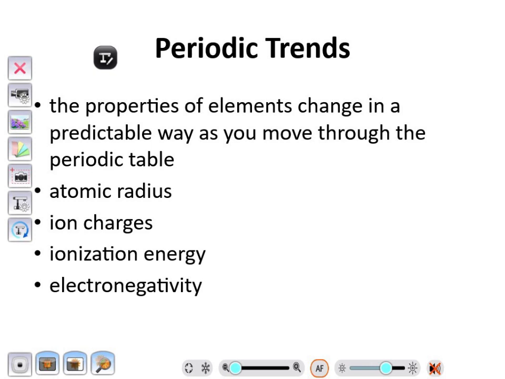So we're going to be able to know by the end of today how you move across the periodic table and predict how the atomic radius changes. And then by the end of Monday, do that for atomic radius, ionization energy, and electronegativity.